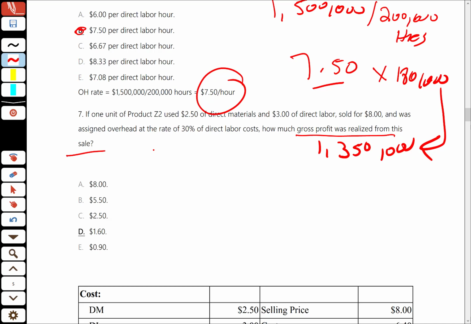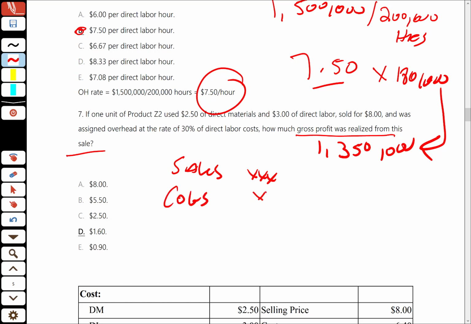Gross profit. Yeah, sales. Very good, Gregory. Sales minus what?